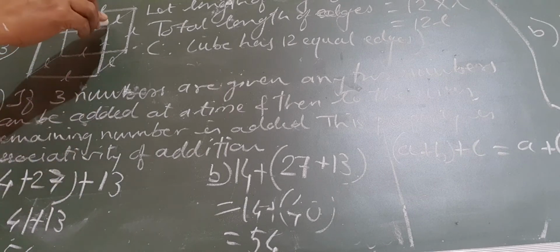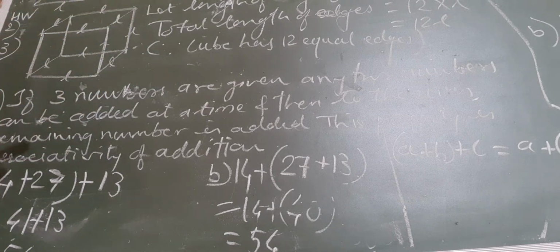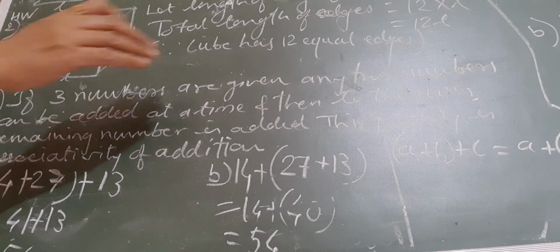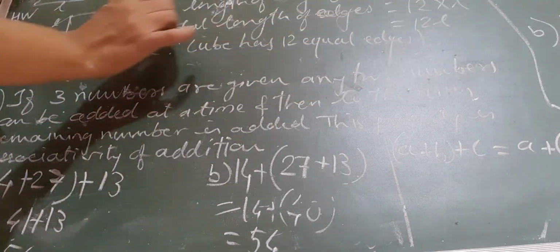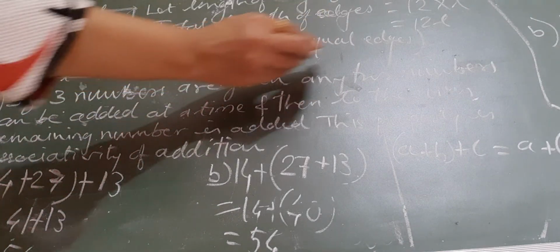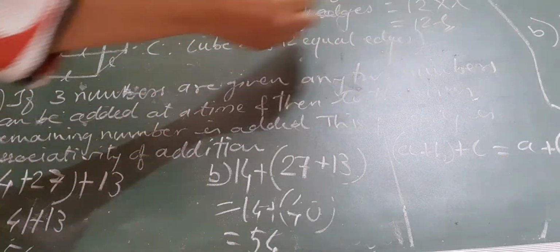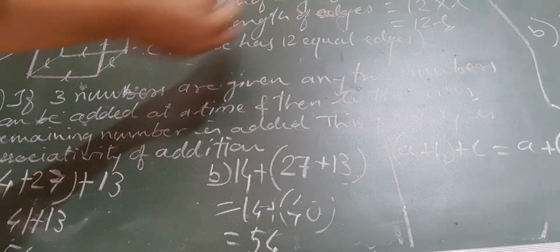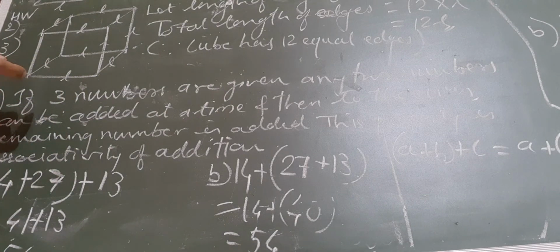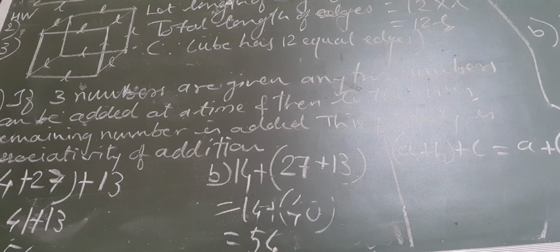We know that in a cube all edges are equal, and the length of one edge we have considered is L. A cube has 12 edges, and hence 12 multiplied by L gives the total length of the edges. So in terms of the variable L, the formula is: total length of the edges of a cube is equal to 12 into L. L can be anything; you can vary that value.